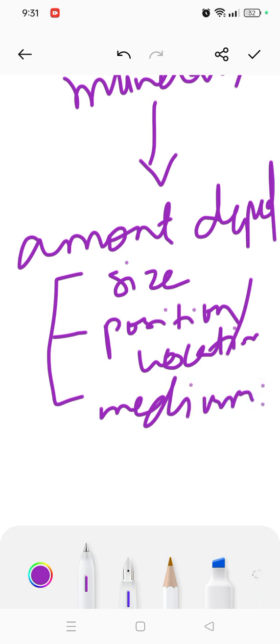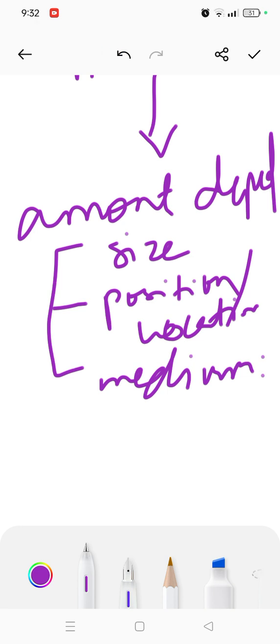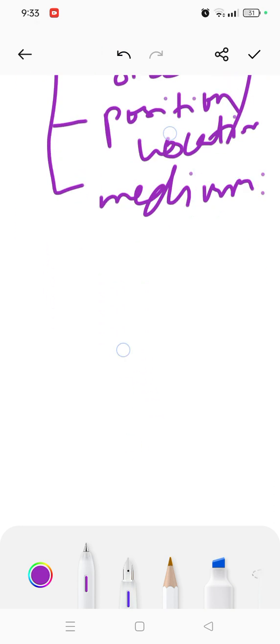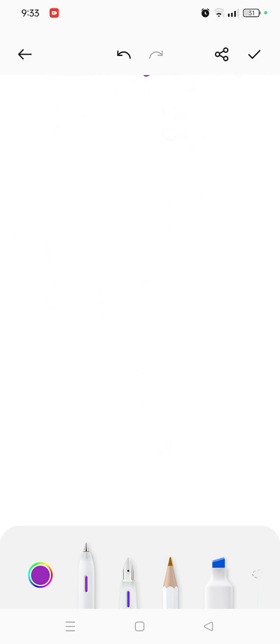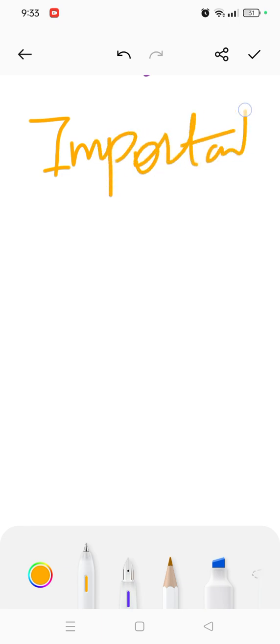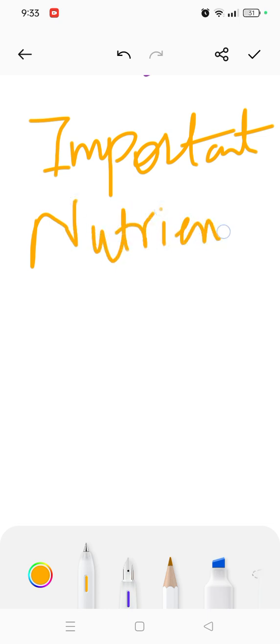So I'm sure it's clear to you. This is very much important, and today we are going to discuss important nutrients. There are several important nutrients, and they are divided into macronutrients and micronutrients.